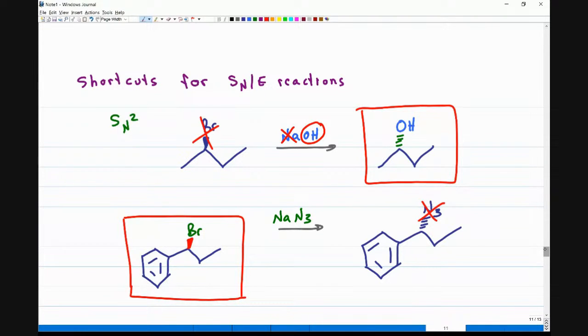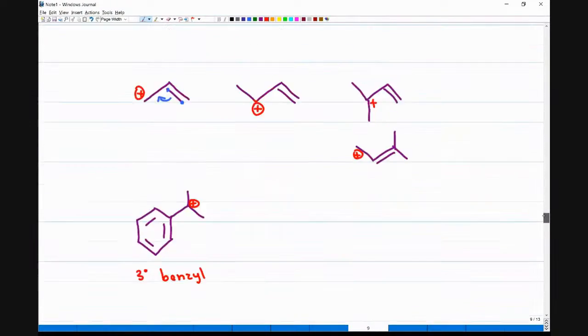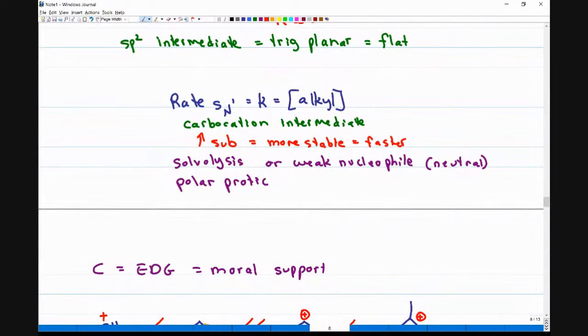So let's go back and fill it in. Where did I put my list for SN1? Right here. So carbocation, substitution, solvolysis, polar protic, and in competition with the E1 reaction.